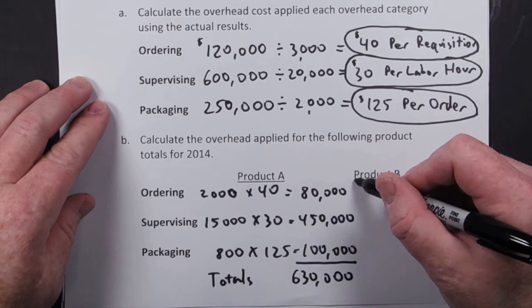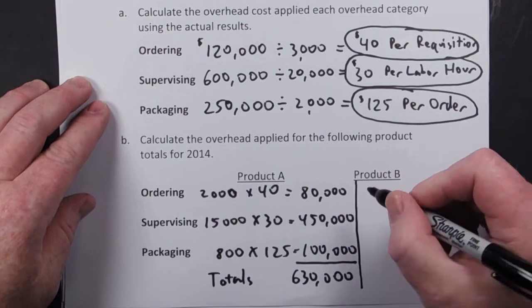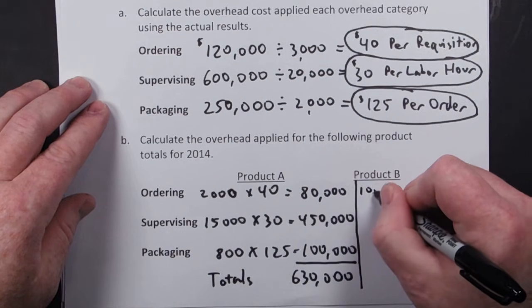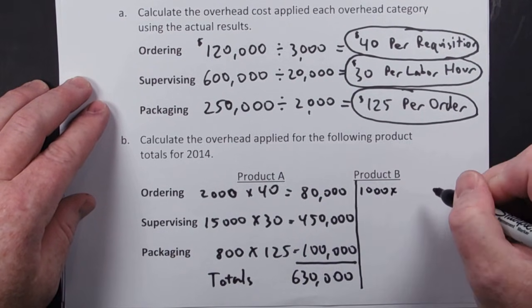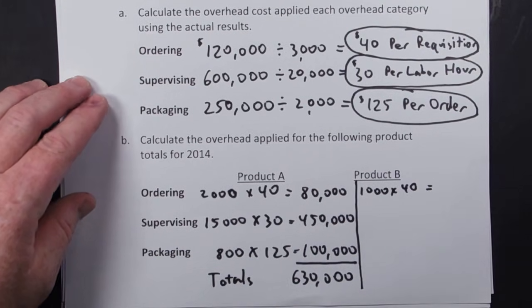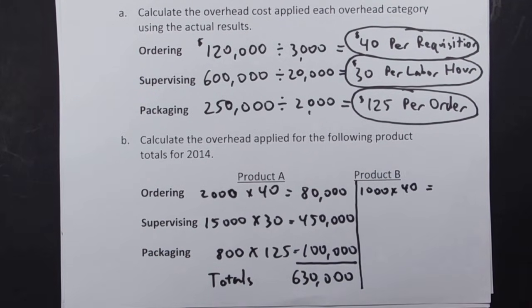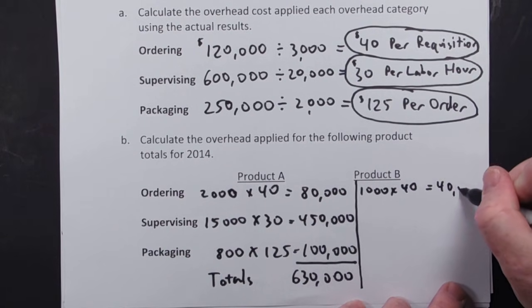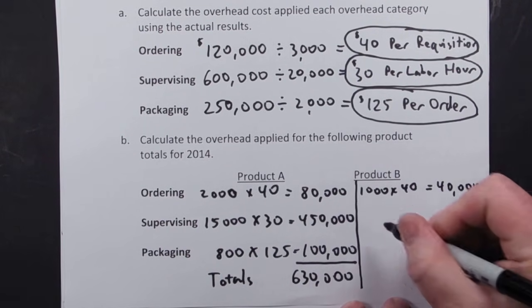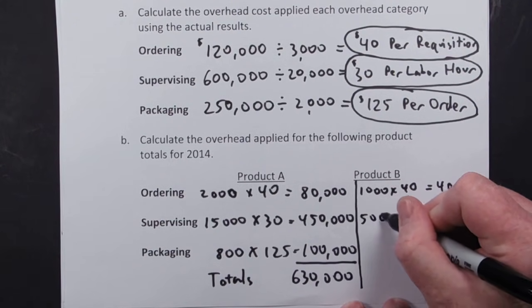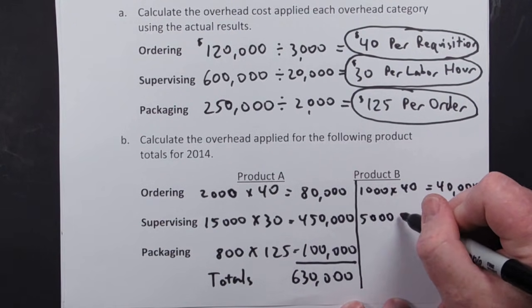Do the same thing for product B. Product B, we had 1,000 requisitions times 40, 40,000. $5,000 times 30, 150,000.